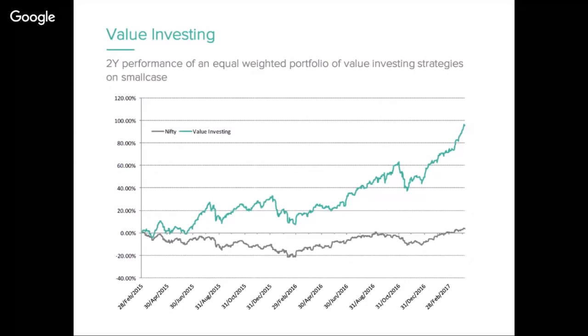So if you decided to invest 1000 rupees 2 years back, with 250 rupees going into each of these value investing strategies, your portfolio would have generated a return of close to 100%. This is a far superior return compared to the Nifty, which has barely generated a return of probably somewhere in the range of 5% in the last 2 years. So we can clearly see that in the current scenario, value investing strategies are working in the Indian market.